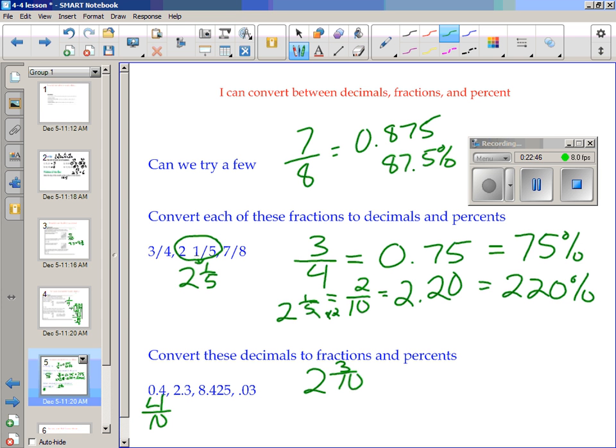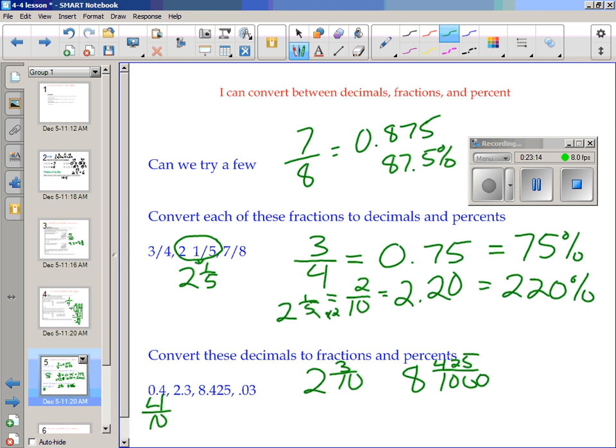What fraction is it then, Robert? 425 over 1,000. Remember, look right here, everybody. Tenths, hundredths, thousandths. So that would be 425 thousandths. And there it is. Whoop, I need to add another 0. 425 thousandths.